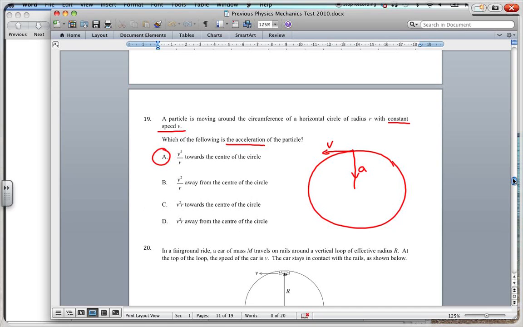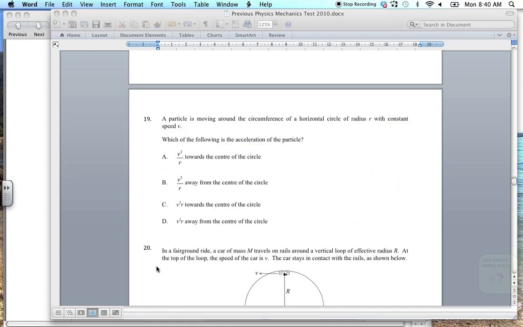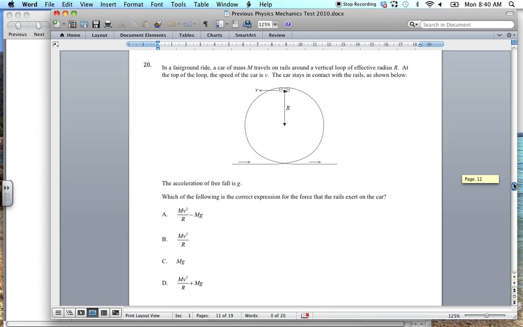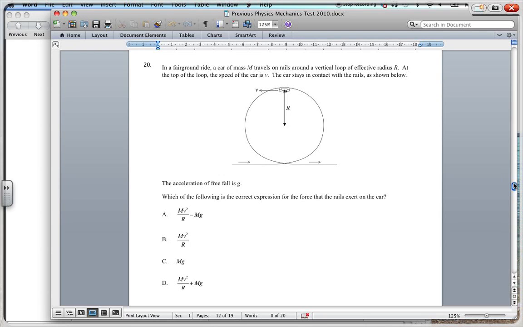And then question 20 is also related to circular motion. Let's just bring it up here. Question 20. We have a fairground ride. A car of mass m travels on rails around a vertical loop of an effective radius r.